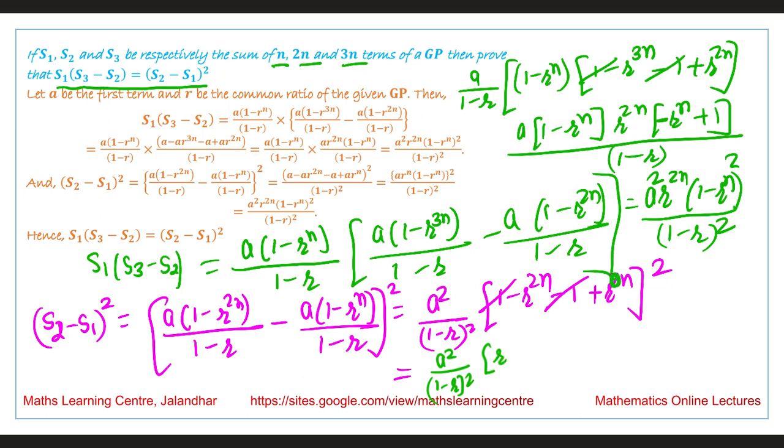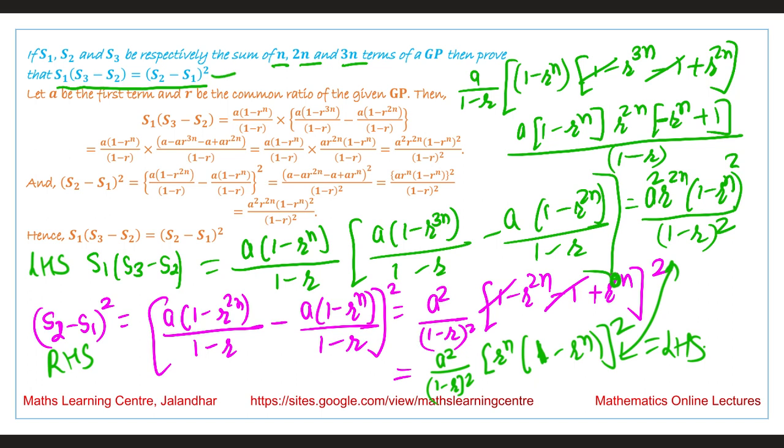If we write r raised to the power n common, we are left with 1 minus r raised to the power n whole square. And look at both these values, this is LHS, this is RHS, so RHS is equal to LHS, and this is the result that we have to prove over here.